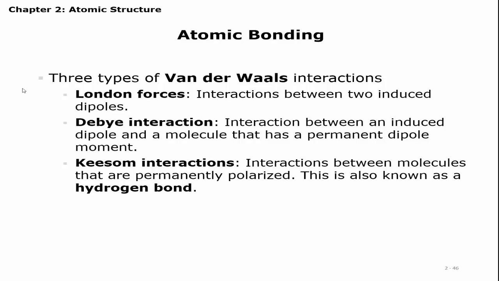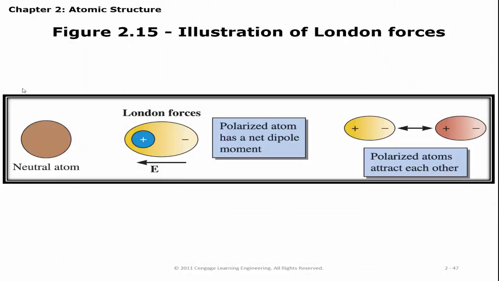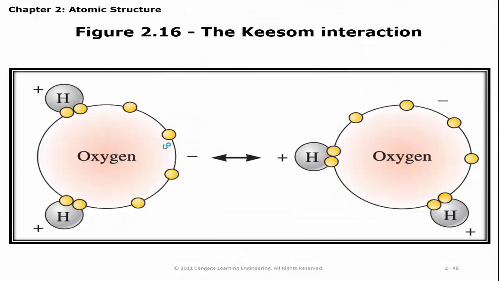The Keesom interactions are interactions between molecules that are permanently polarized, and this is also known as a hydrogen bond. This is a quick illustration of London forces. So these are polarized atoms that attract each other, and this is a polarized atom that has a net dipole moment. For the Keesom interaction, we have here the oxygen and the hydrogen.